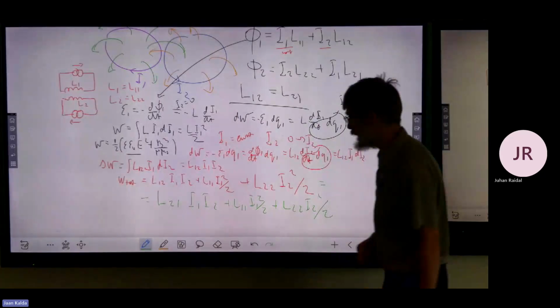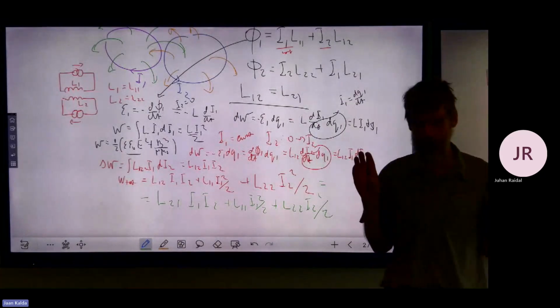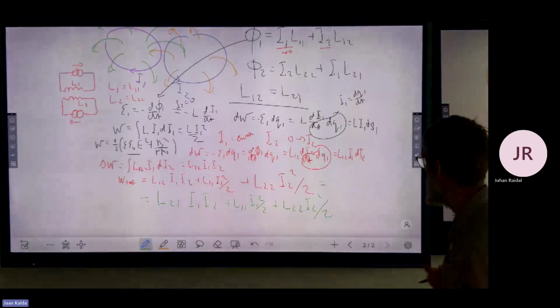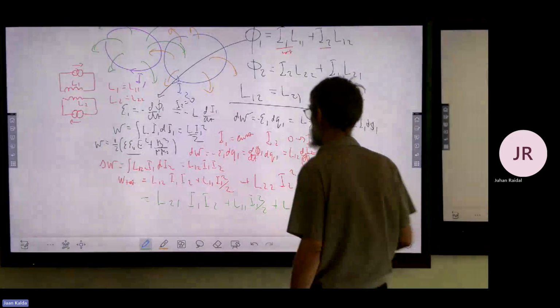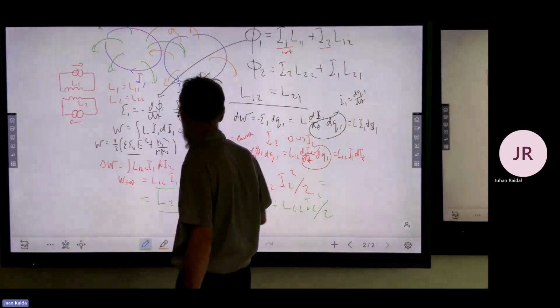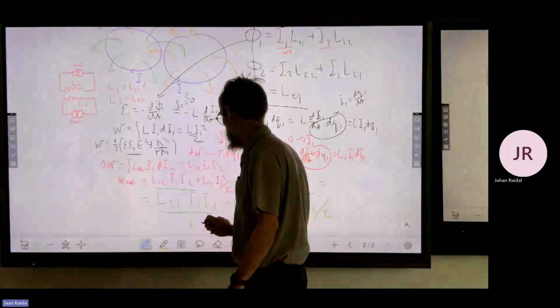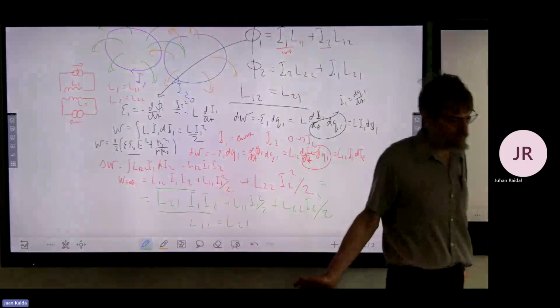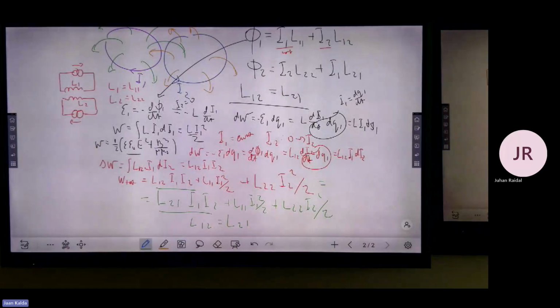And now, because apparently the total energy shouldn't depend on the order of how we do it, then this guy here must be equal to that guy here, meaning that L12 must be equal to L21. Must. So if it's not, then we don't have energy conservation law.